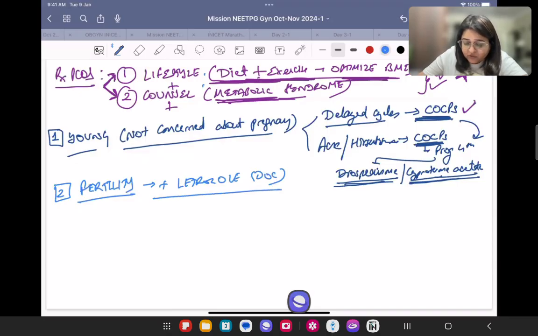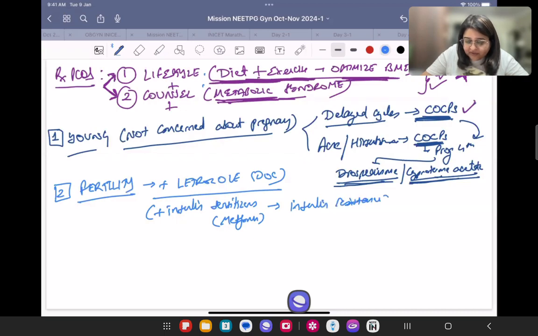Sometimes we also, what do? We can add, so you can go first line drug is letrozole, then clomiphene, then gonadotropins, laparoscopic ovarian drilling. Sometimes we also add what are called as insulin sensitizers, like metformin. Okay, and this is given in those women who have evidence of insulin resistance.